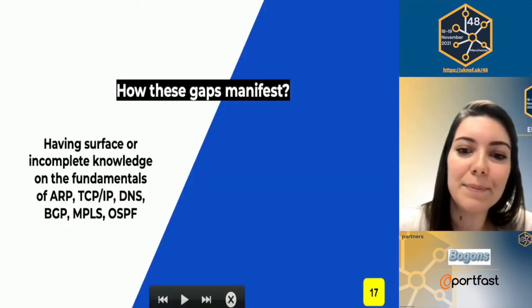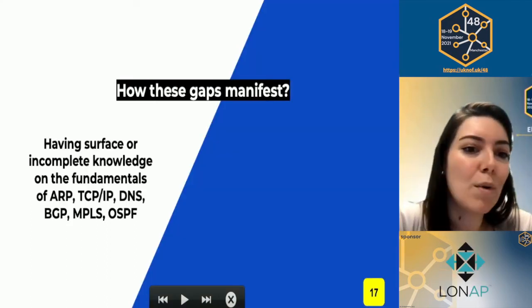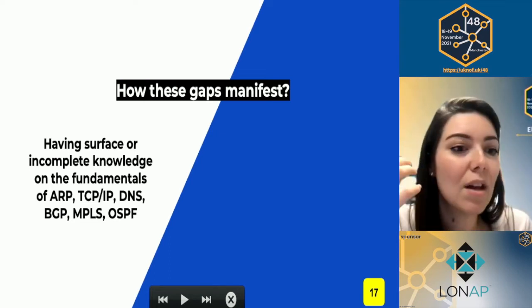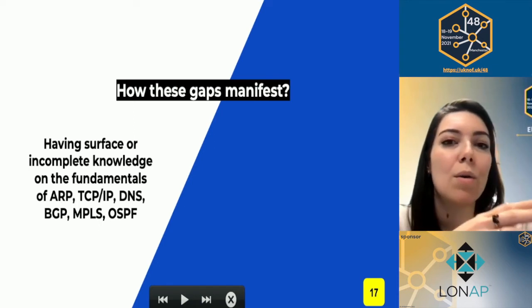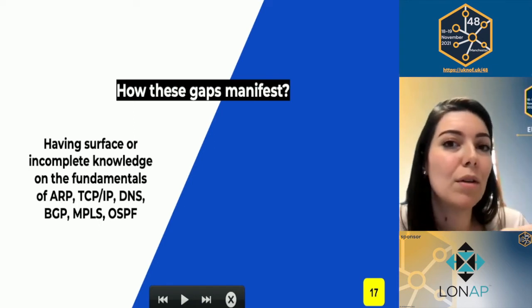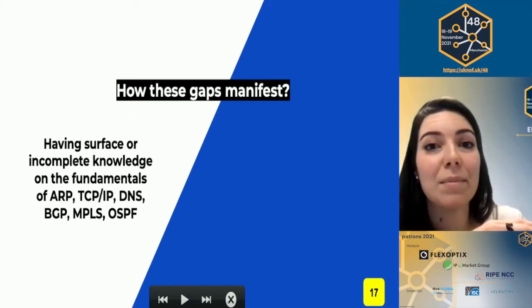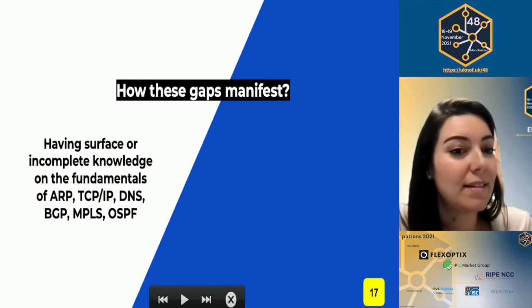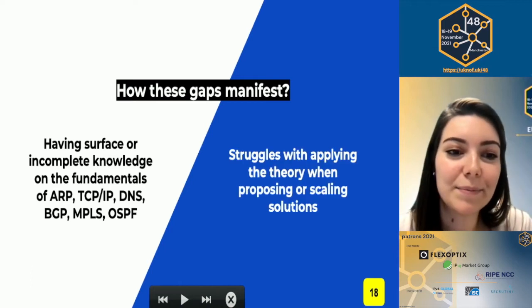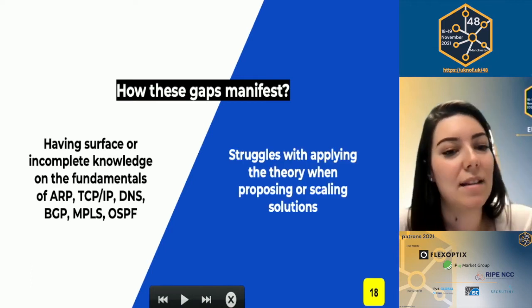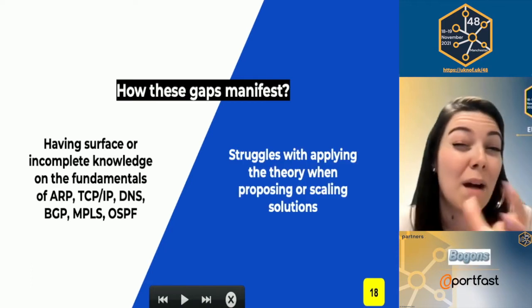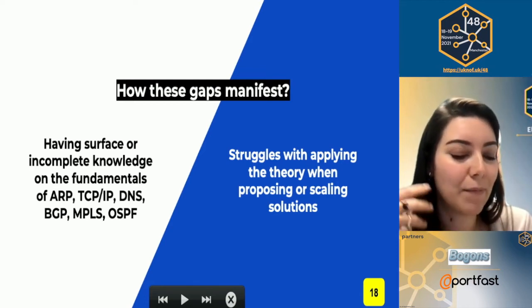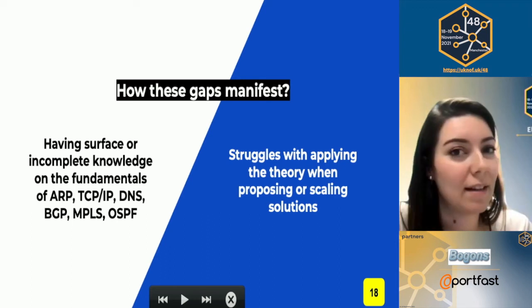The other one is more about incomplete knowledge of maybe fundamentals. So sometimes you might know about one protocol, but maybe there are some gaps of knowledge there. And the way this is manifested is in implementing those fundamentals when you have to propose some solution at scale.